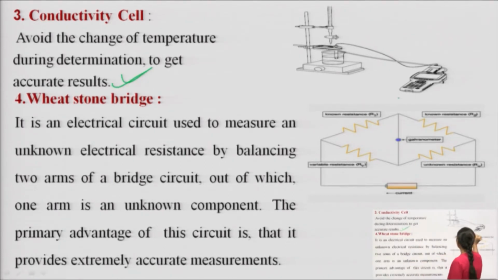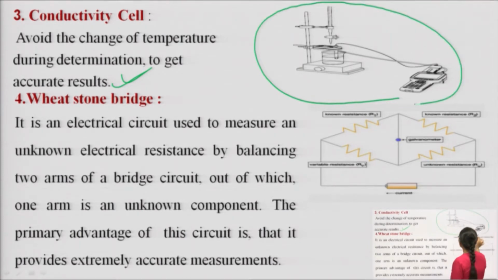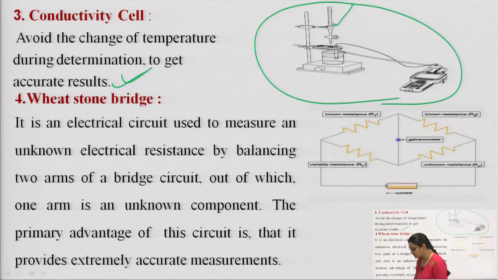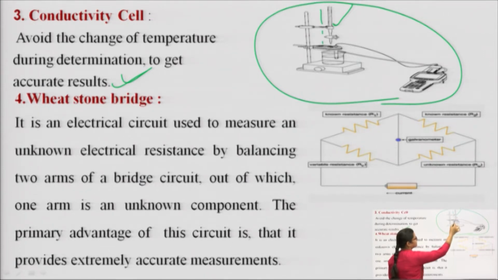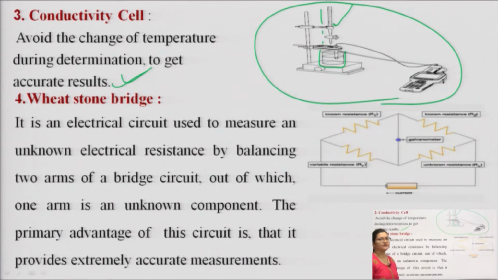This is the assembly of conductometric titration. We can see this is the burette from which the titrant is being added. In this beaker, we have the primary standard solution, the electrolytic solution which is to be determined.